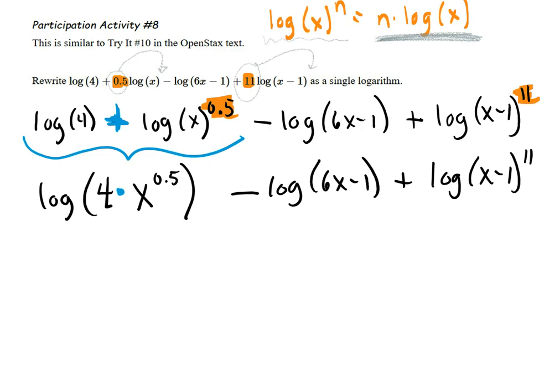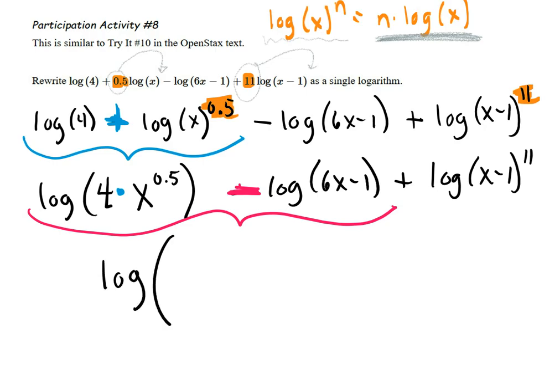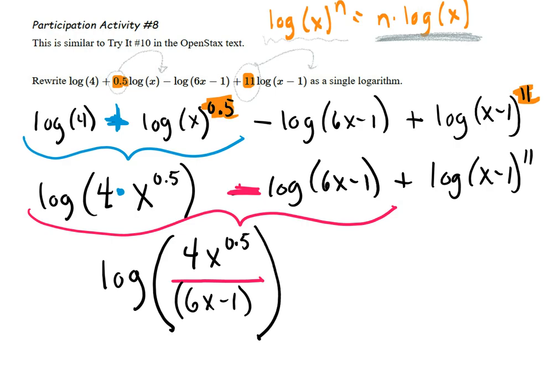Now when I go from here to here, I have a subtraction. So that's going to be the log of, and you're going to have a division in here now with the 4x to the 0.5 as your numerator and 6x minus 1 as your denominator. And then you still have the plus log of x minus 1 to the 11.